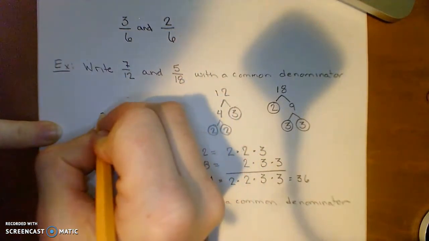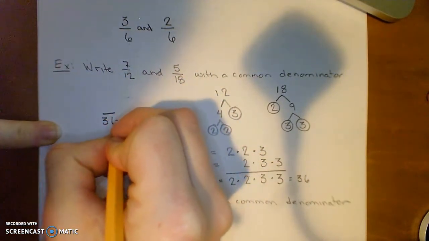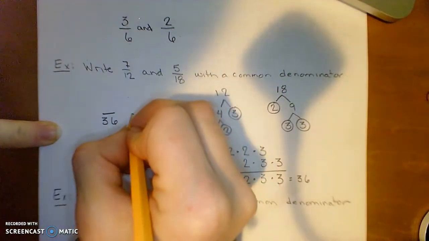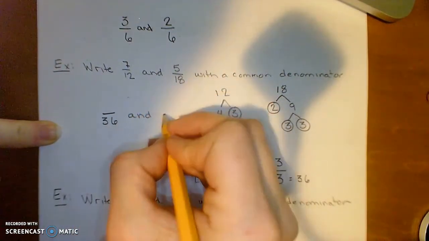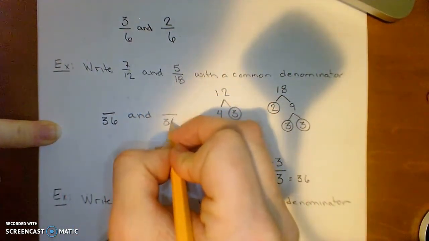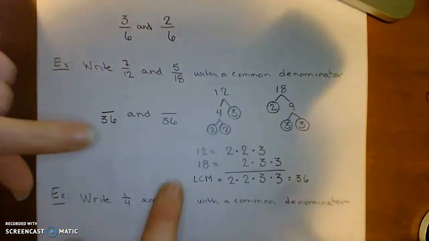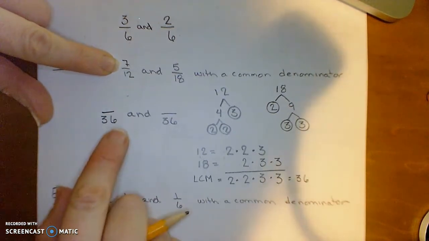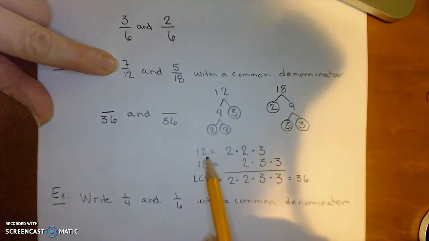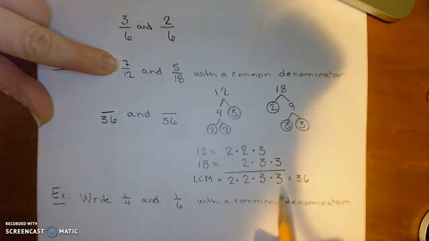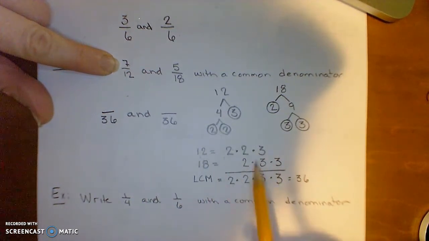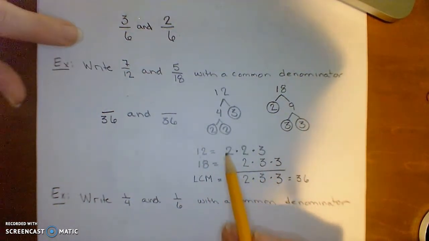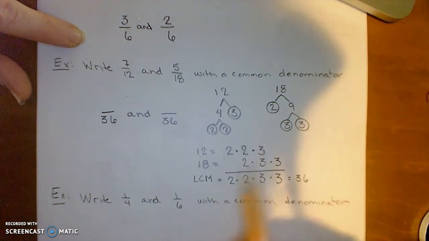So I can go ahead and write 7/12 with a denominator of 36 and 5/18 with a denominator of 36. You need to look at 7/12 and ask yourself, what did I have to multiply 12 by to get 36? What factor is missing here? 12 was 2 times 2 times 3, and 36 was 2 times 2 times 3 times 3.